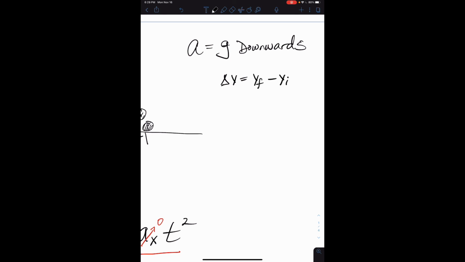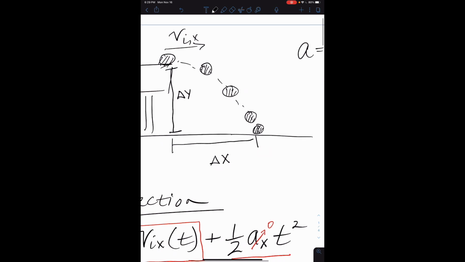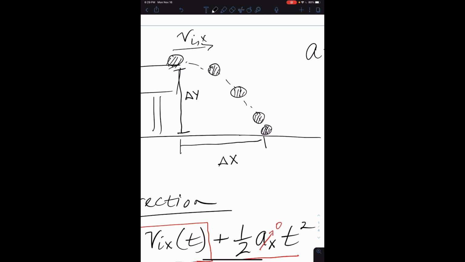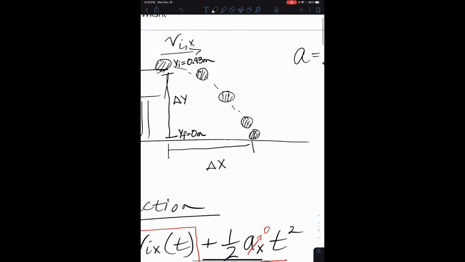the final position in the y direction of this marble is going to be 0 meters, and maybe the initial position is, I don't know, 0.93 meters. I'm just making something up. It's roughly the height of a lab table.